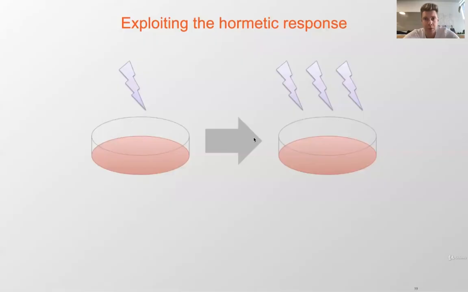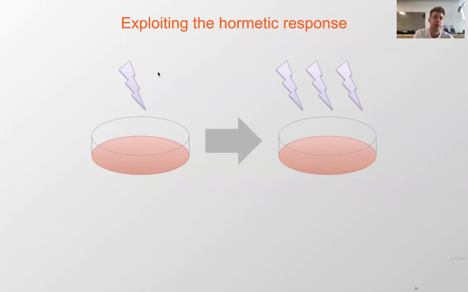In cells, we know this phenomenon is called the hormetic response. If you treat cells with a certain type of stressor, then the cells become more resistant to the same type of stressor and similar stressors on subsequent exposures. So there's an adaptive response from the cells that allows them to better deal with this type of damage.